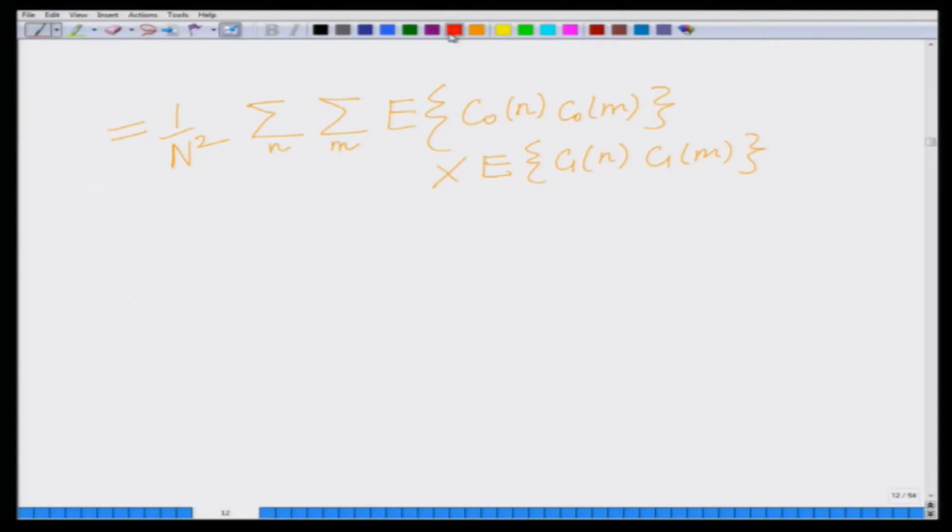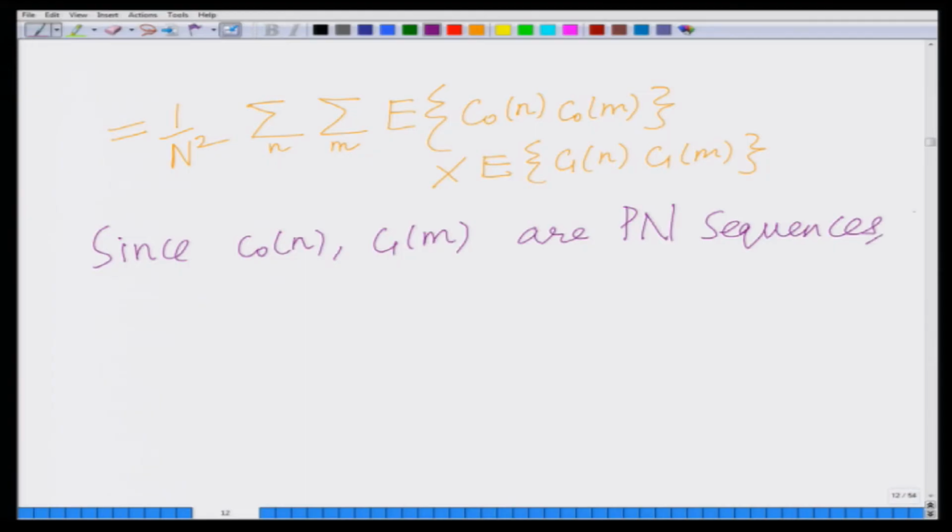Now, let us also assume, since these PN sequences are pseudo noise sequences, that these different chips are independent if n is not equal to m.